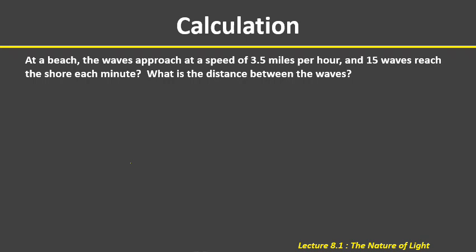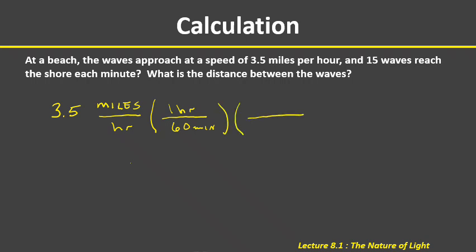So our speed was 3.5 miles per hour. And we absolutely need to change the hours in order for things to work out. So that's 1 hour over 60 minutes.